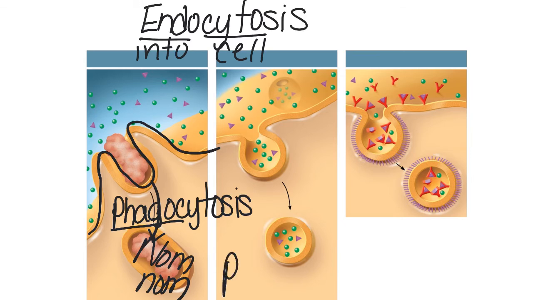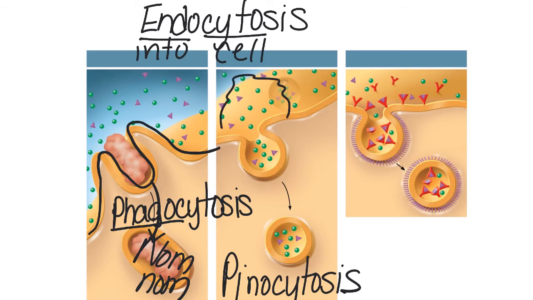We can also look at cell drinking, which is called pinocytosis. In this case, a little vesicle starts to form and a high concentration of material from the environment is brought in. Now notice something really important here. We are not really bringing it into the cell's cytosol or the cytoplasm, not into the liquid itself. It's going into a vesicle.